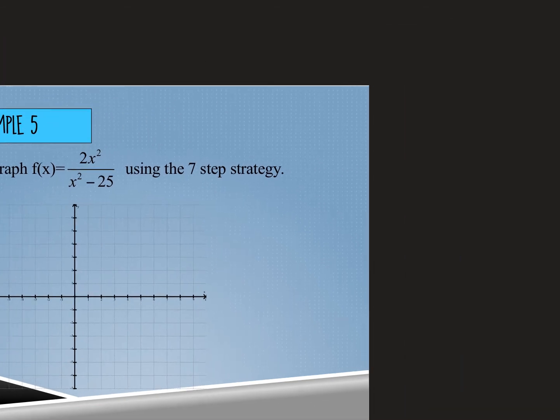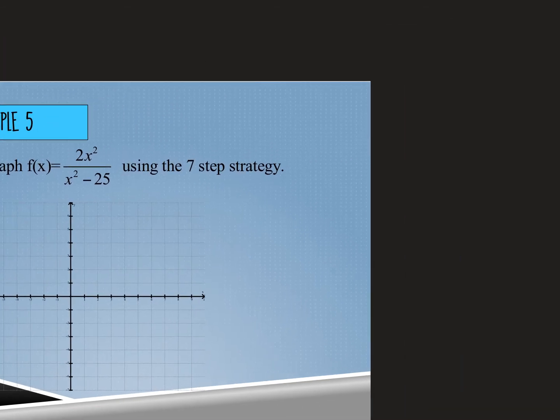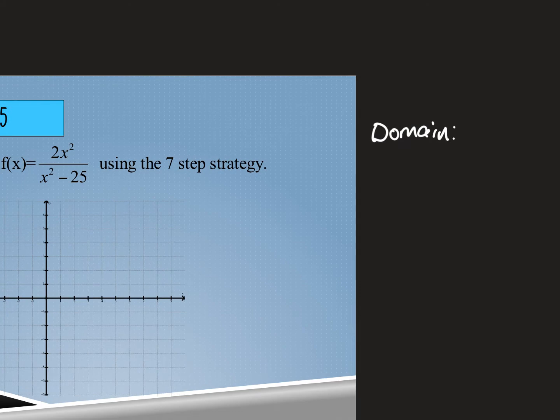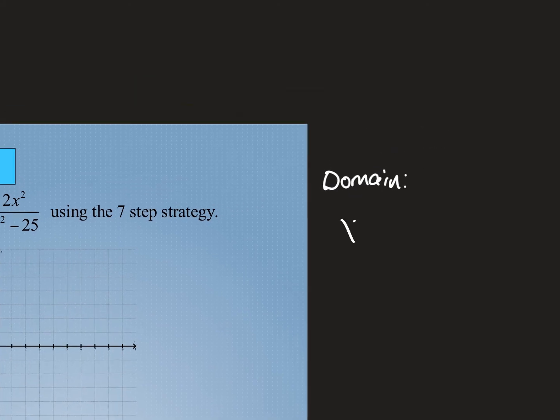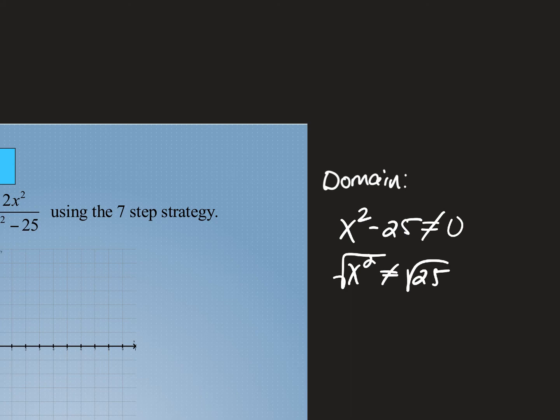Let's find the domain. All right, let's go through our list. How do you find the domain of a rational function? Set the denominator not equal to 0. So x squared minus 25 cannot be 0. x squared cannot be 25. Square root. x cannot be what numbers? 5. What kind of 5s? Positive and negative.